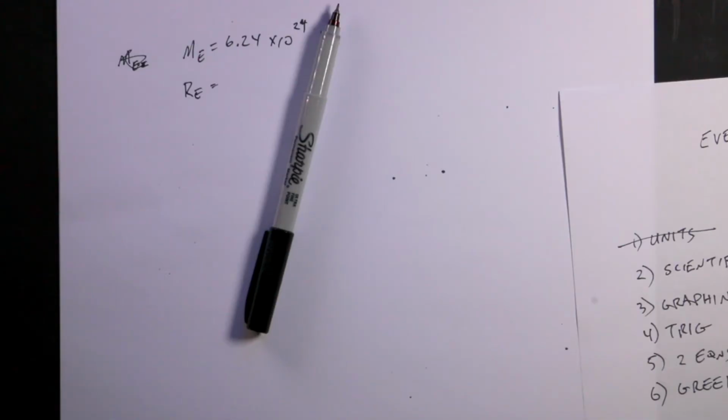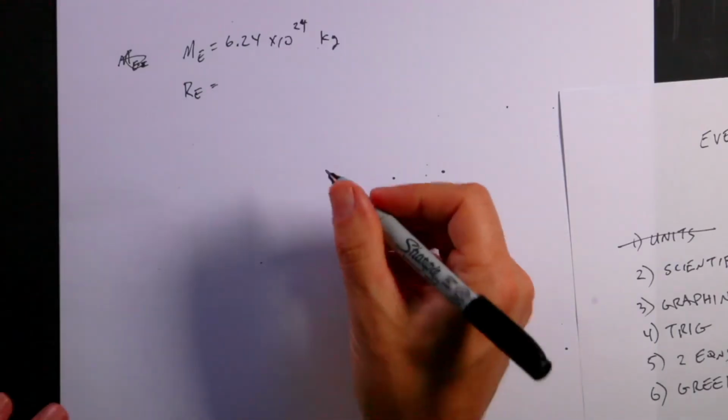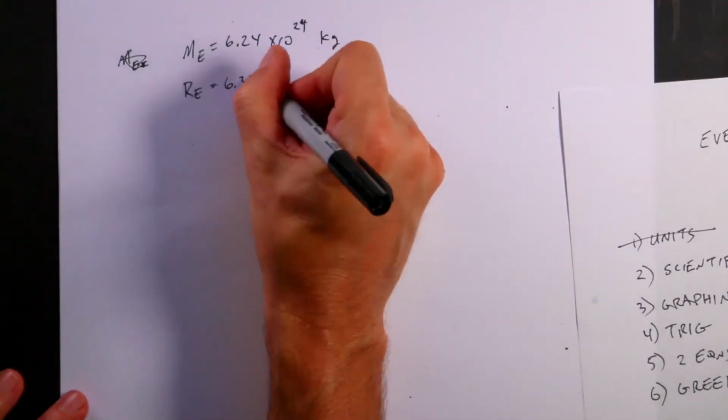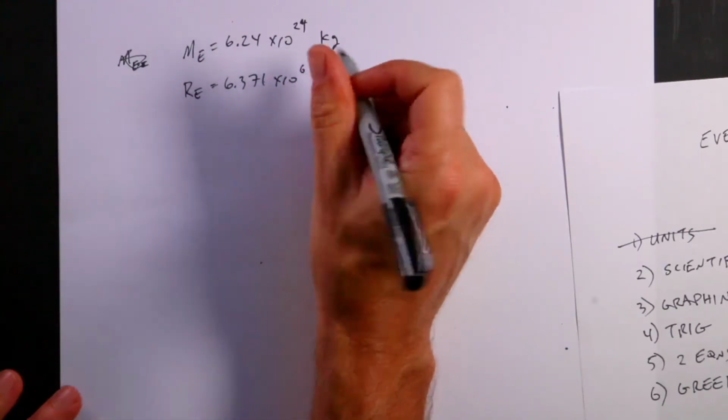Let's see, radius of Earth in meters. It's 6.371 times 10 to the 6th meters. I can write that out.